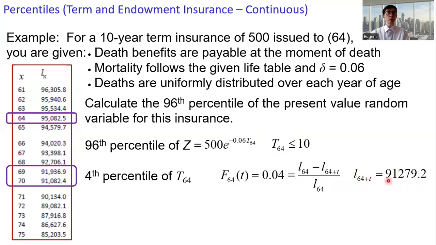This value is between x equals 69 and x equals 70. We need to get the value of T. Deaths are uniformly distributed over each year of age, UDD. Using interpolation, we can get the value of s.